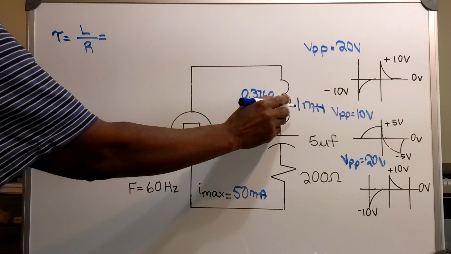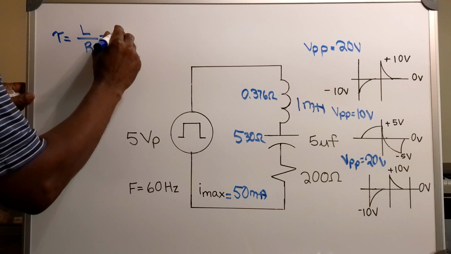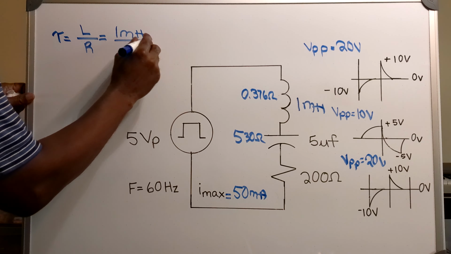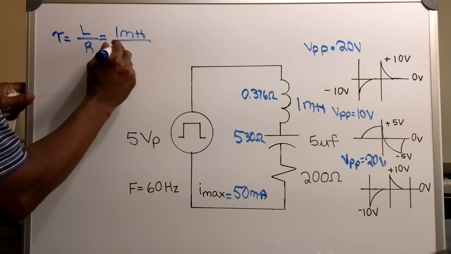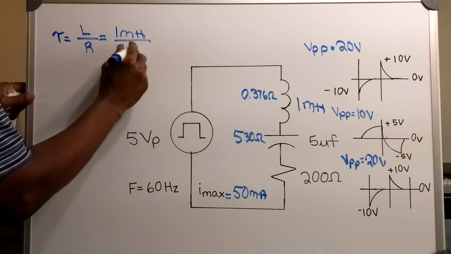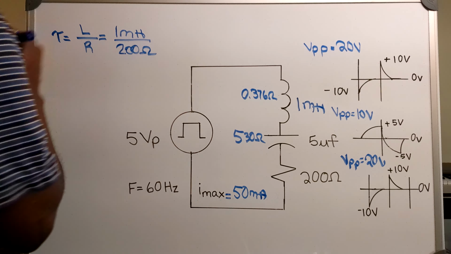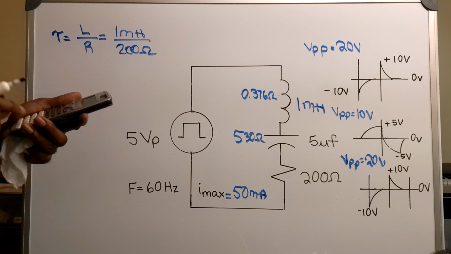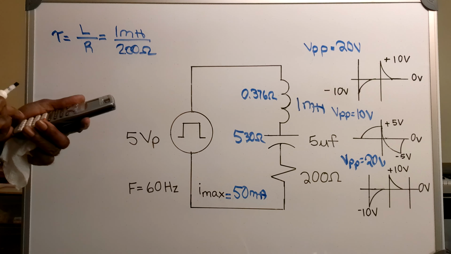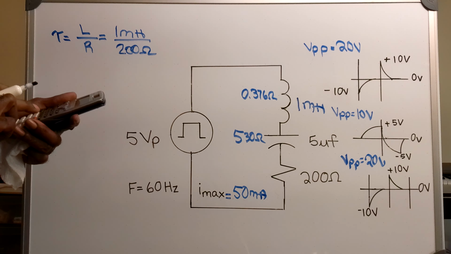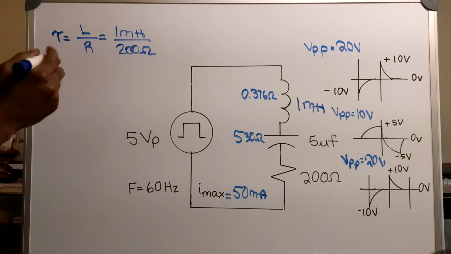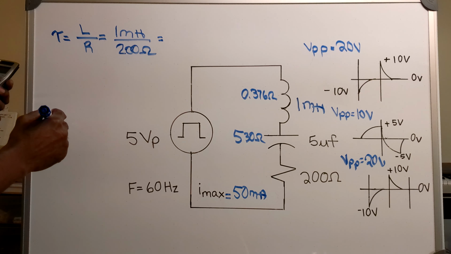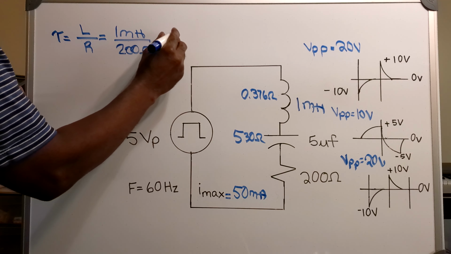My inductance is 1 millihenry over 200 ohms. One millihenry over 200 ohms. That equals 5 microseconds.